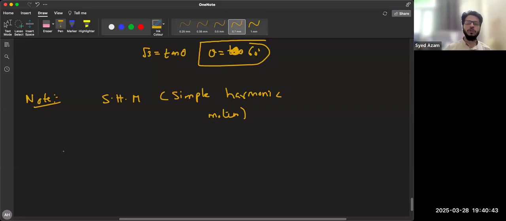For a motion to be simple harmonic, the first thing is it should be oscillatory. If a motion is oscillatory, then it can be simple harmonic. But if it's not oscillatory, then it can never be simple harmonic. So simple harmonic is a special case of oscillatory motion, oscillatory motion which satisfies the following conditions.